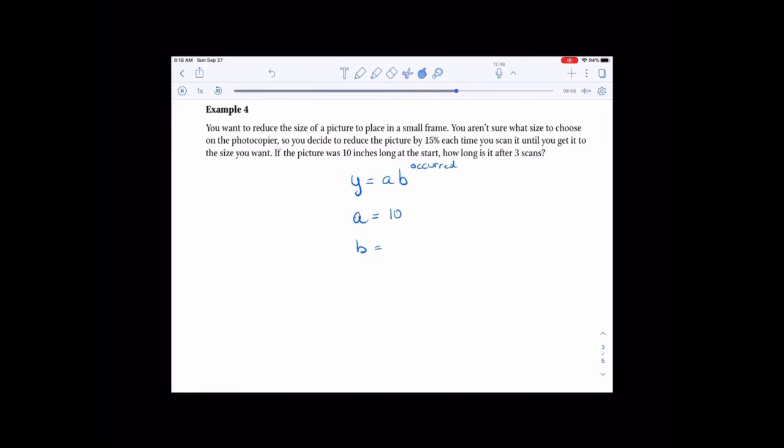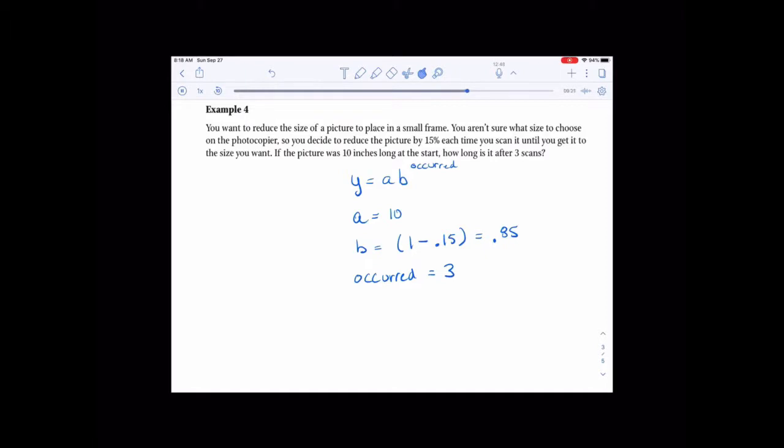We are dealing with decay, so b is equal to 1 minus our 15%. In other words, we still have 85% of the picture size after each round. And the amount of times this has occurred is equivalent to 3 scans.